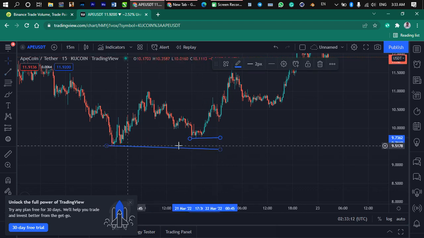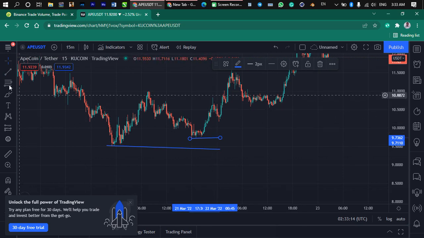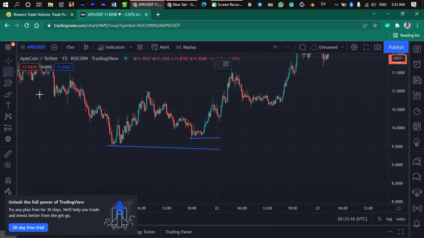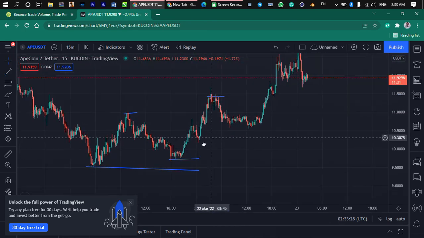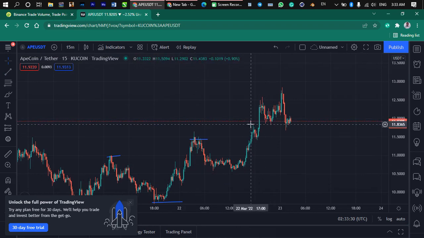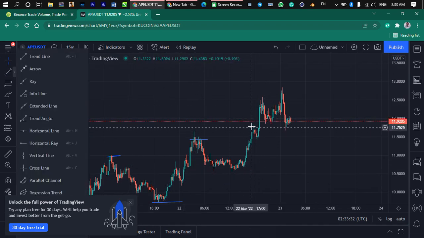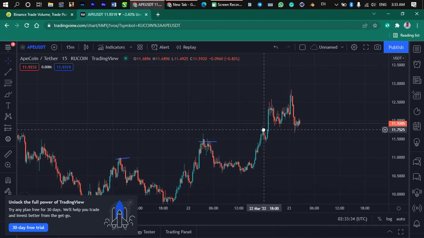So this low is lower than this low. And when you take a look at this high, it is lower than this high. So the moment you recognize a higher high and higher low in the market, come to this place, you can see this is a high around this level.